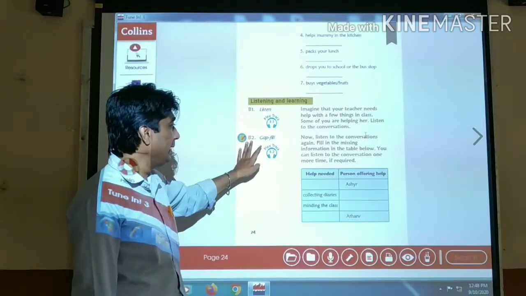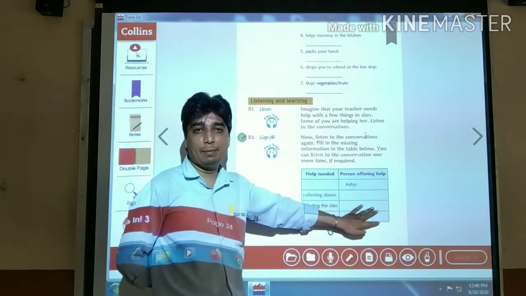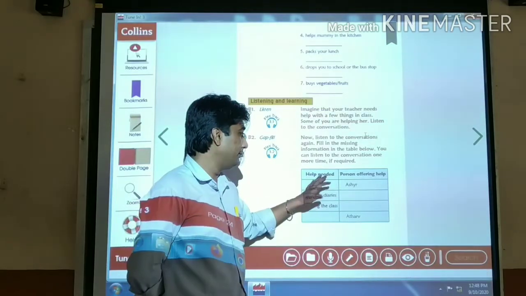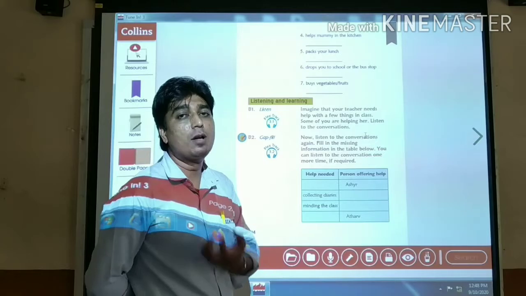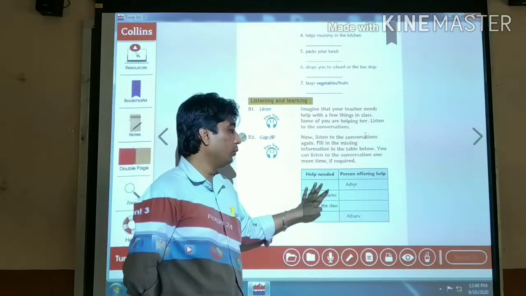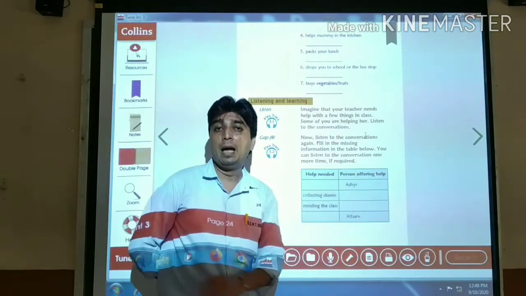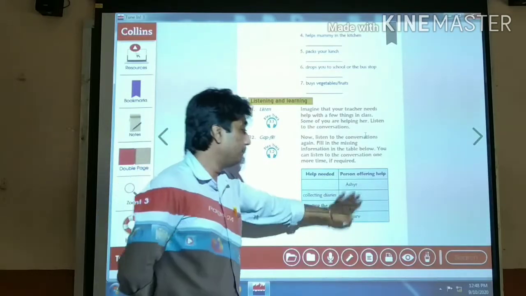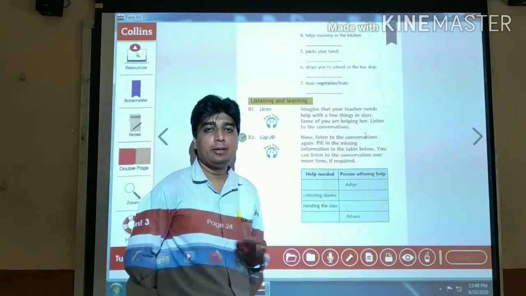As you can see here, P2, that is the gap to be filled. But what is required to fill this gap? The first heading is help needed. Which kind of help was needed by the teacher? That we have to write here. And the person offering help, the student who is offering help to the teacher, that student's name we have to write here.